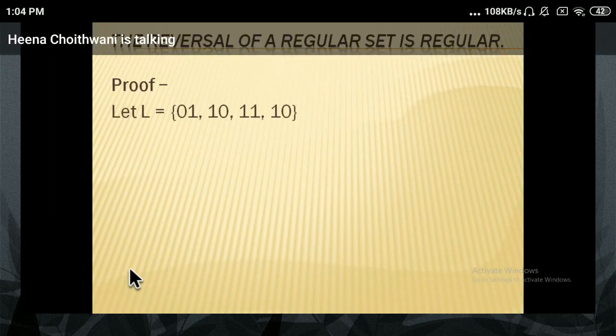I have taken a set with 4 elements: 01, 10, 11, 10. First of all, we are creating the regular expression for this. So it will become 01 + 10 + 11 + 10. Normal expression, like we saw in the first examples.